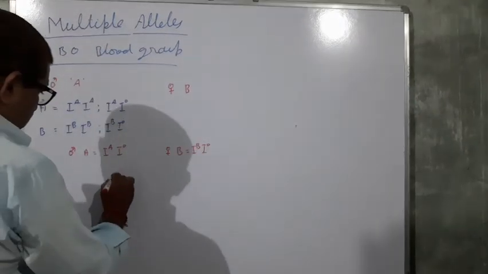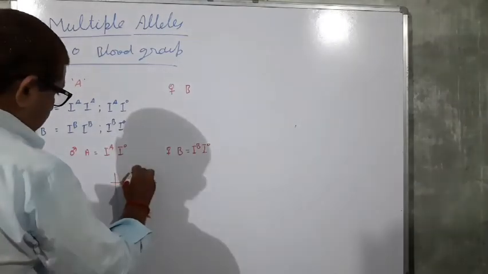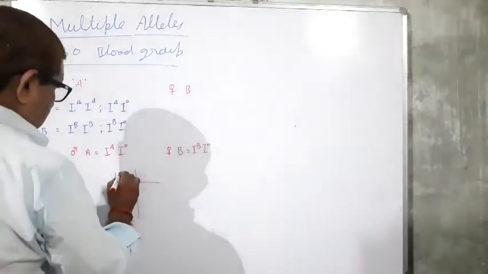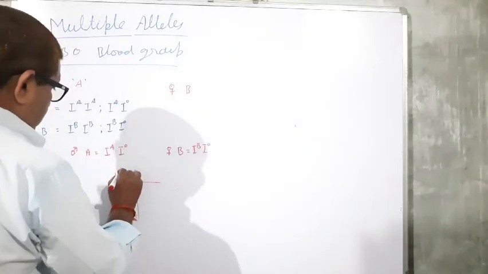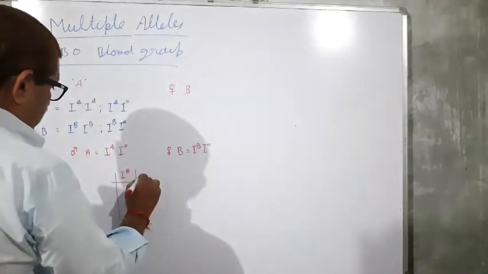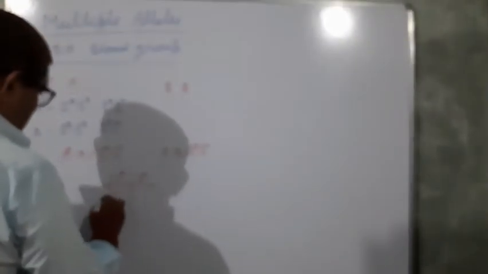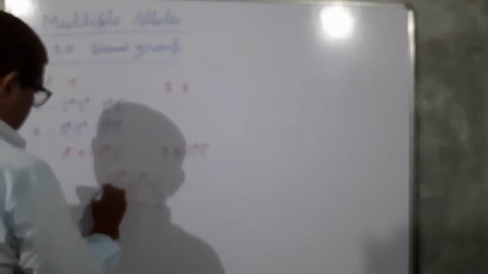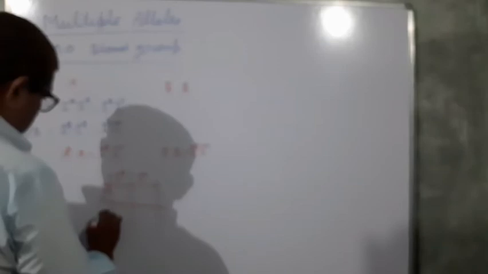So now you can make a checkerboard, with IA and IO on one side and IB and IO on the other.